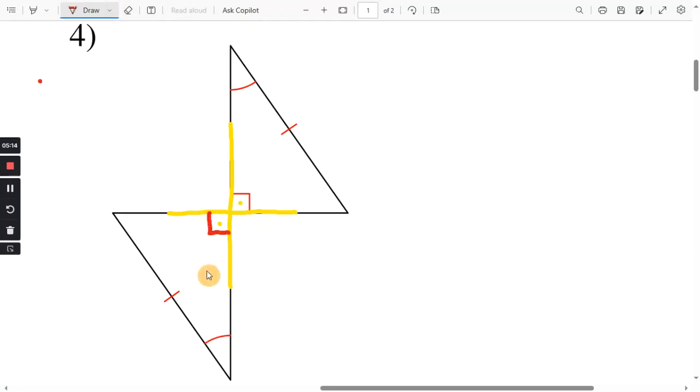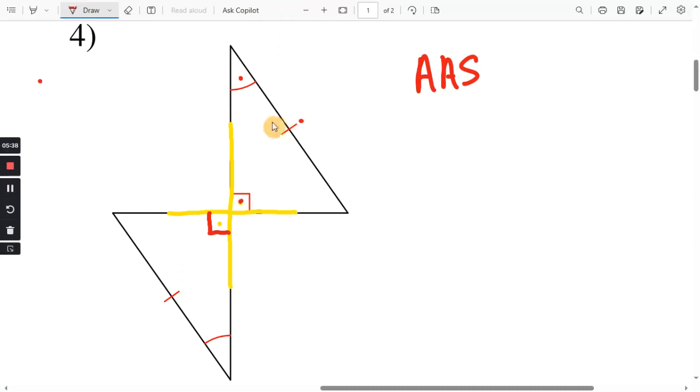You can label the side across from the right angle as a hypotenuse, but I can already see we have two angles and a side. The side is not in between the two angles, so it's going to be angle, angle, side.